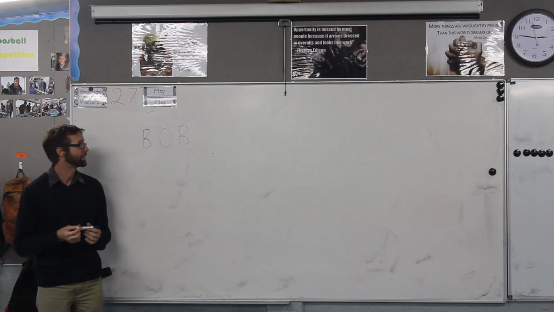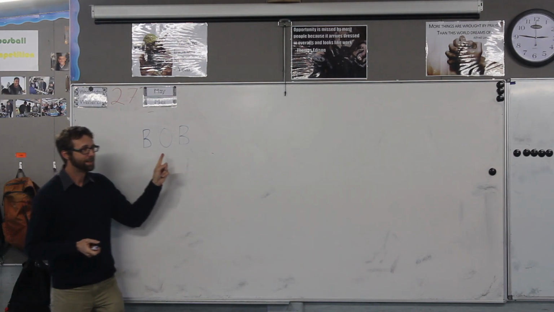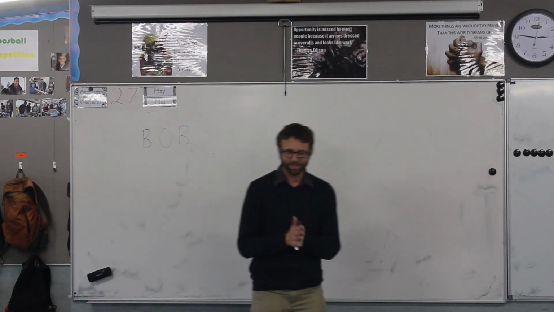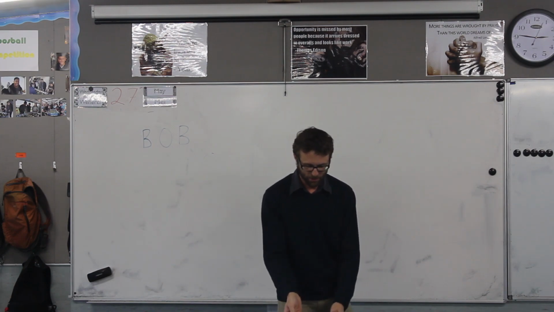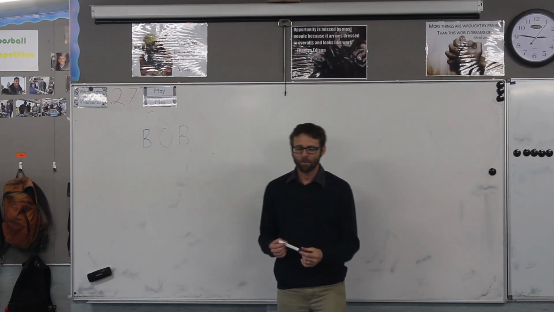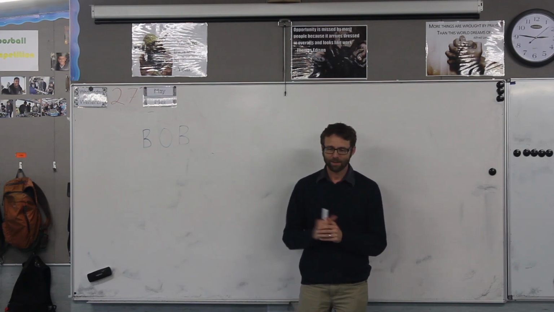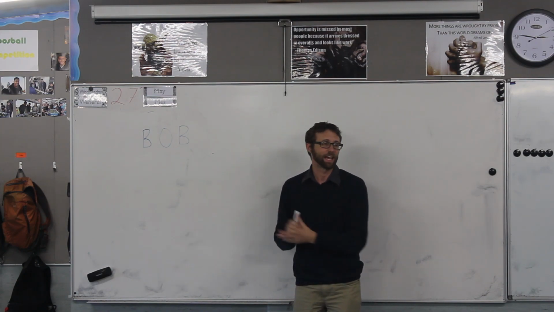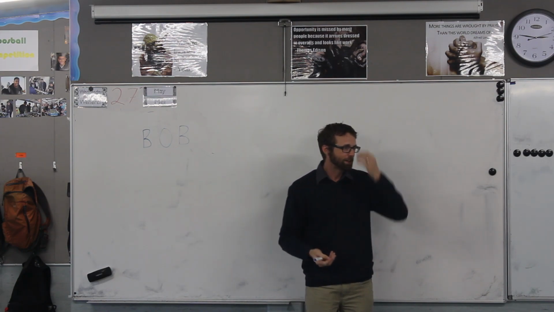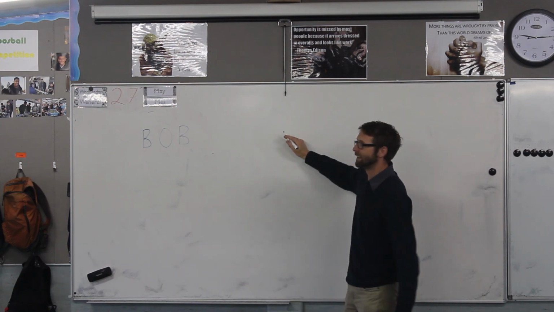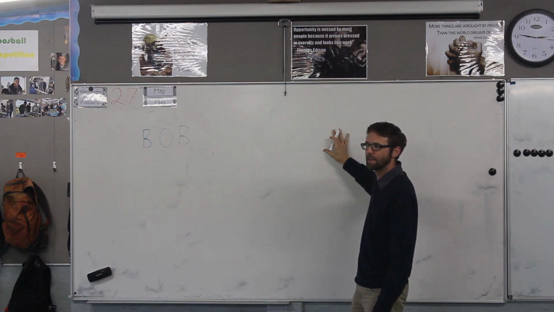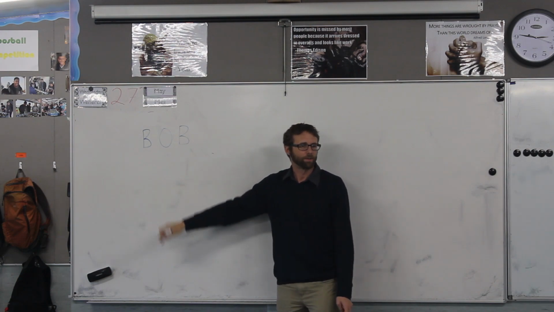We're going to talk about Bob, and the reason we're talking about this is sometimes you're going to do some permutation questions where some of the objects in your list are the same. When you had to rearrange maths, all of the letters are different, but in Bob they're not.